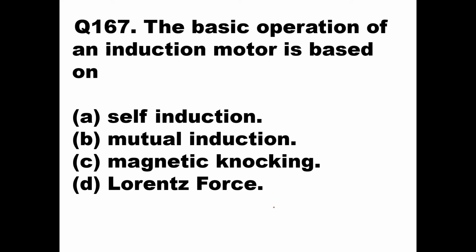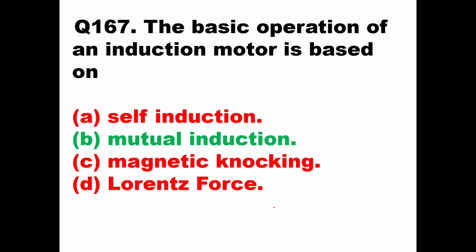So the magnetic field of the stator will induce a current in the rotor, which will induce its own magnetic field, and both magnetic fields will interact with each other and the rotor will start rotating. That is the basic operation. So that operation is happening because two magnetic fields are interacting with each other. So it is a case of mutual induction. So here B, mutual induction, will be the right answer over here.